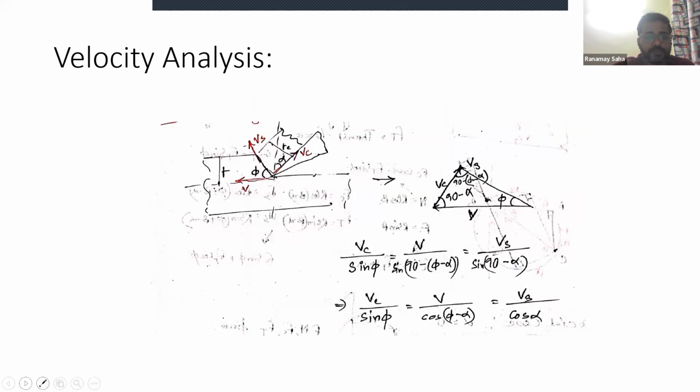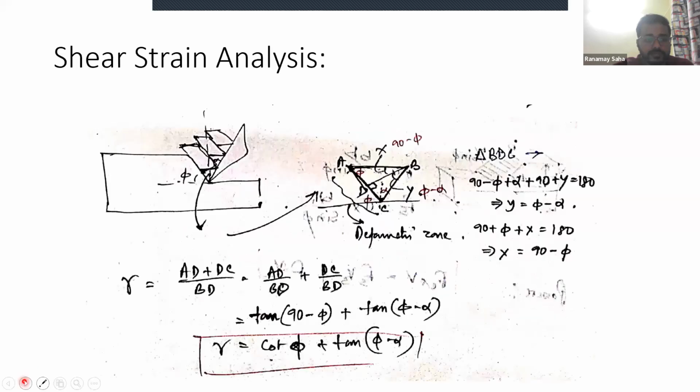Next, we'll move to shear strain analysis. Okay. So as the tool starts cutting or removing material, the material comes out in the form of chips, right?